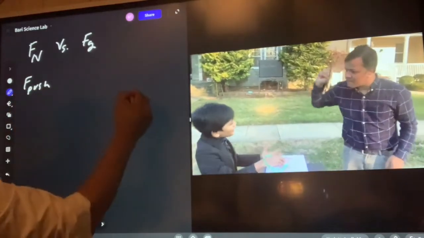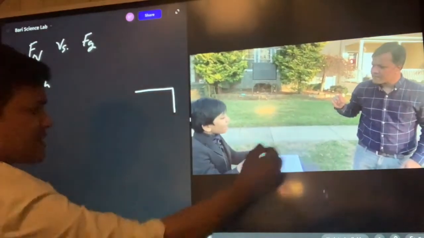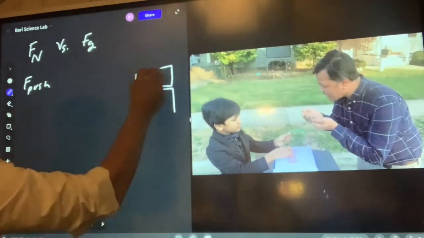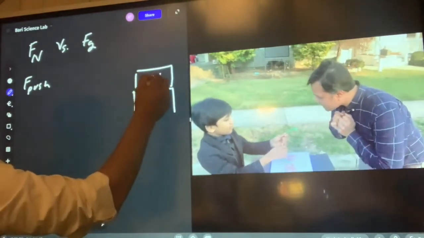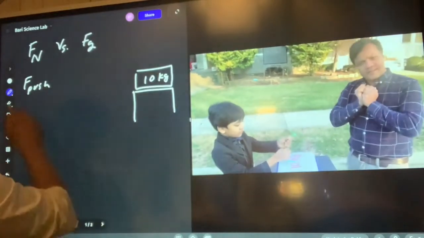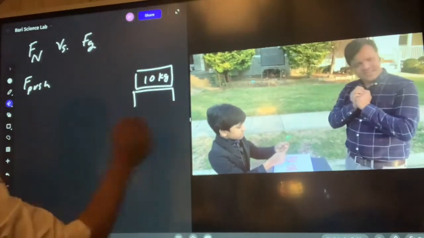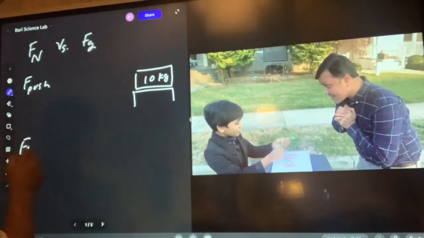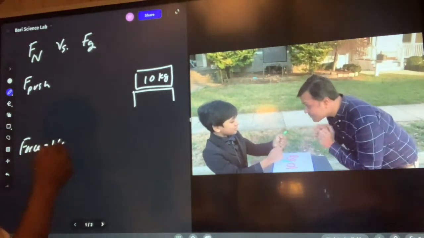So I have an object, the same object over here, and that is 10 kilogram sitting on this table. What is the weight of this object? Remember, the force is equal to weight.